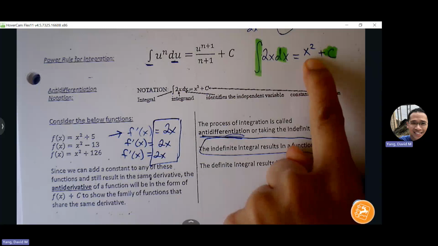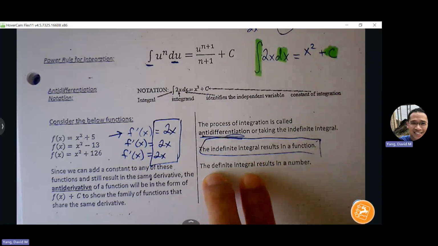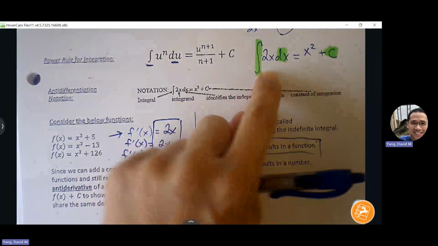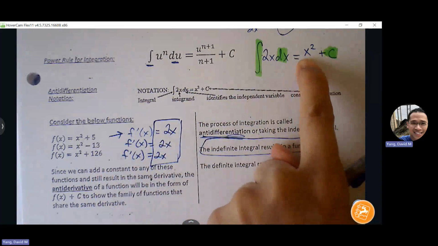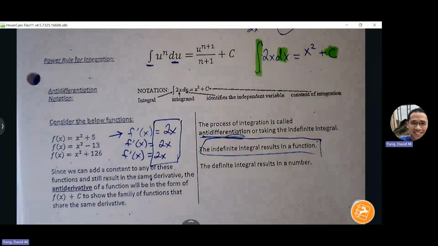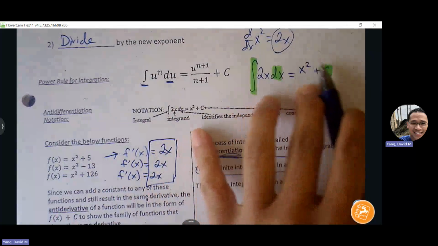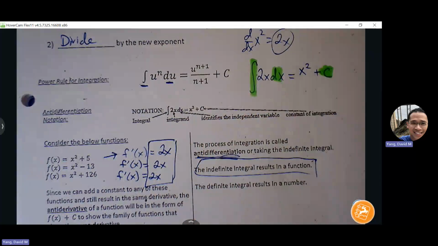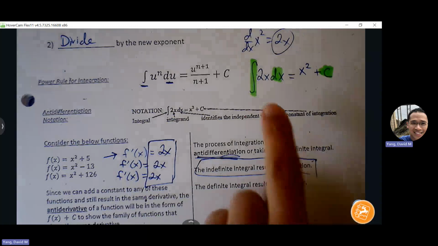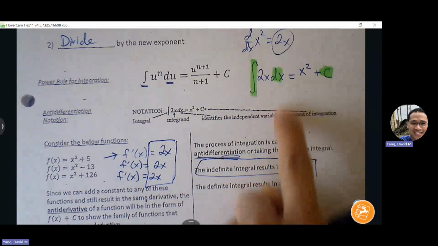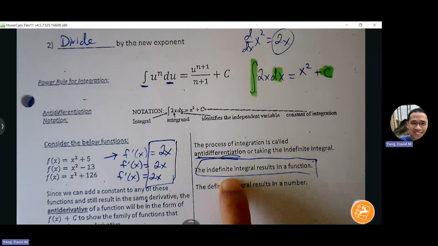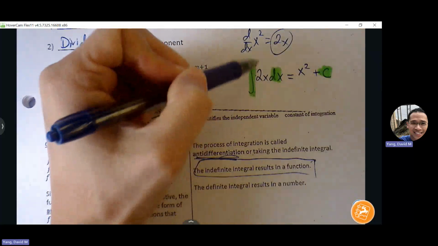After the quiz, we're going to talk about definite integrals, and that's going to allow us to get a number out of this process, and that number will correspond with the area. So right now we're just getting to the area finding formula. We're not going to quite explore the area in terms of getting a number just yet. We're just learning the process, and what we're doing is finding the indefinite integral because there are no bounds involved yet.